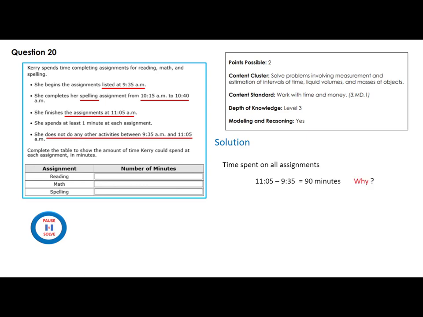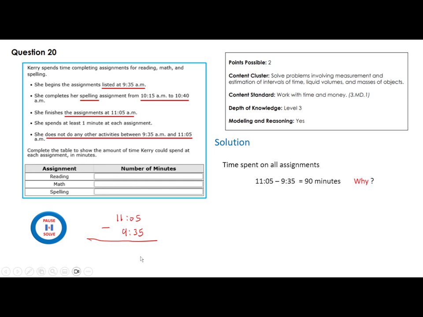The easiest way of doing this, you can put 11:05 minus 9:35. Now, you can't do 5 minus 35. You don't have enough here to subtract, so you borrow 1 hour from here.